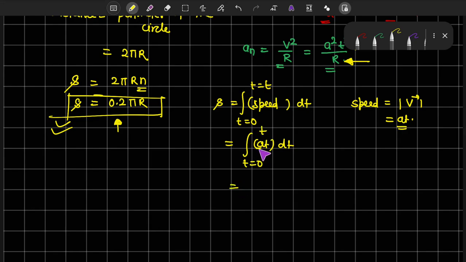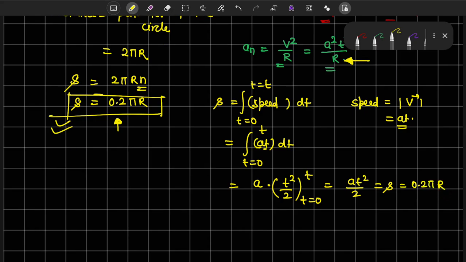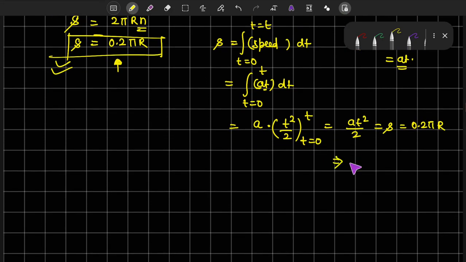Here a is constant, so we can take it outside. We can write a into the integration of t, which is t square by 2, from t = 0 to t. So we can write a t square by 2 is equal to s, which is given as 0.2 pi r. So from here we got t square is equal to 0.4 pi r by a. Okay, so this is the expression of t square we got.